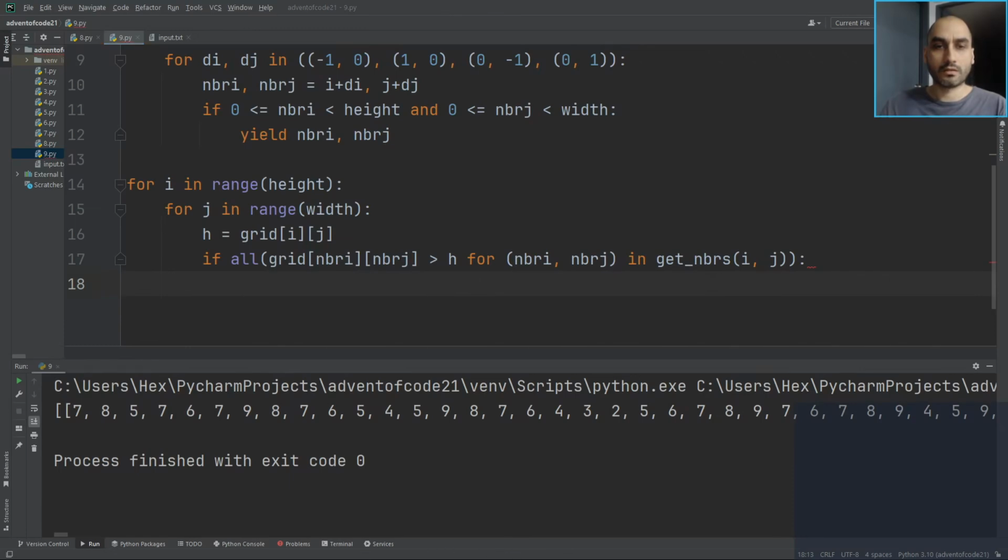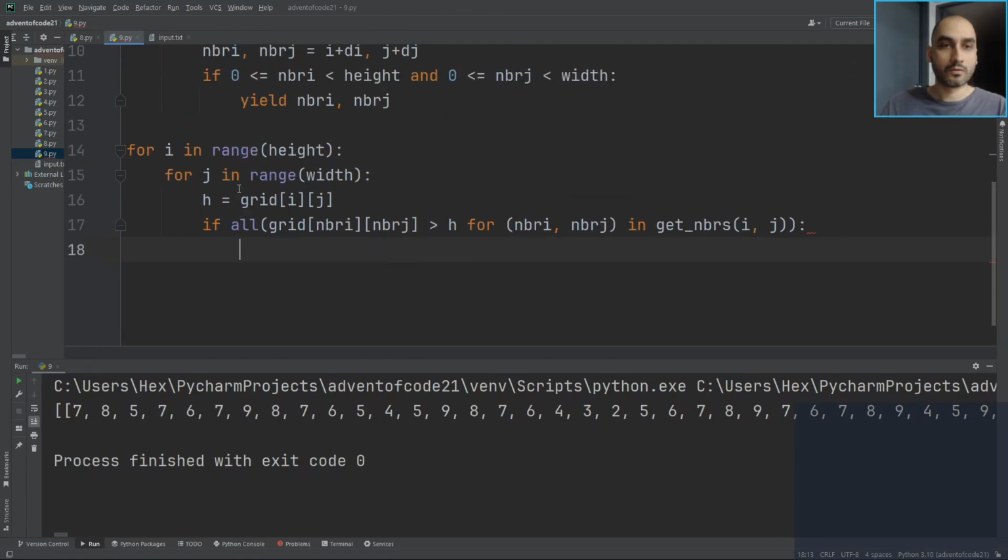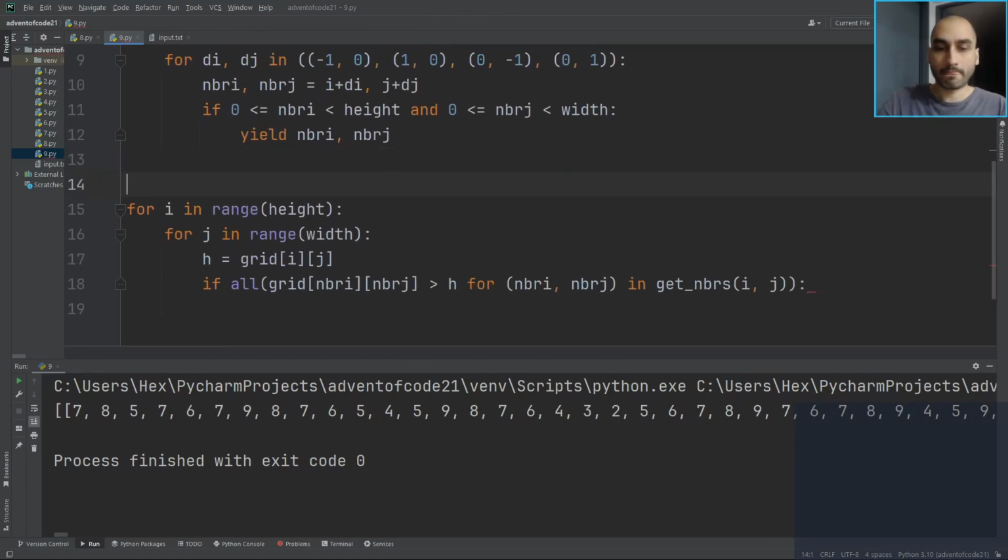What do we do with that? We add 1 to it. We add up all the risk levels, and the risk level is 1 plus the height. So result 1 equals 0.